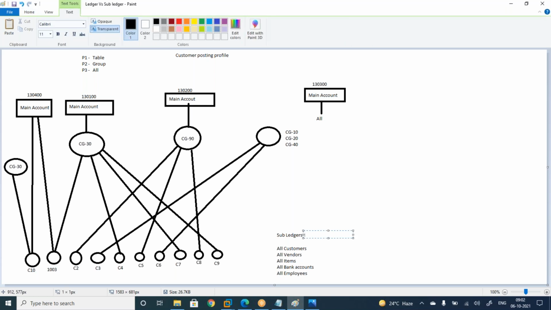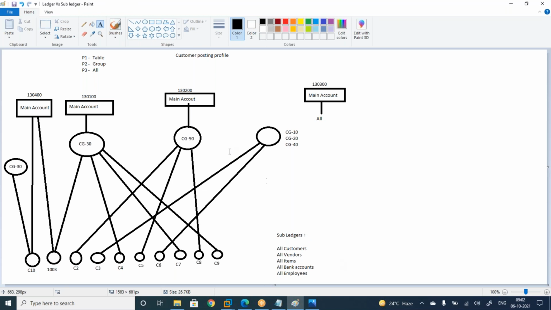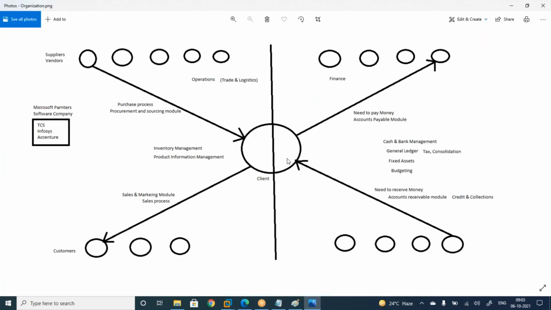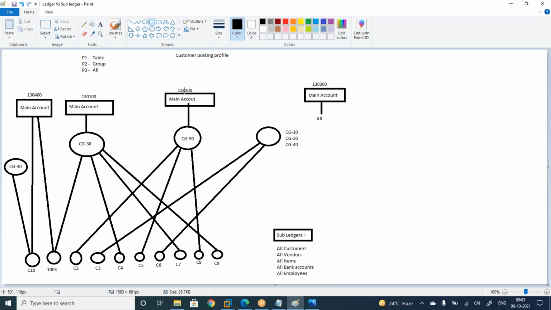Yes, please. I have a question. On what basis do we map the customer accounts to customer group or main accounts? This is customer data, client data. You are not the decision maker. Which account should be posted for which customer will be decided by the client where you are implementing. Business people or accountants will suggest the customer groups and the ledger accounts. That is data.